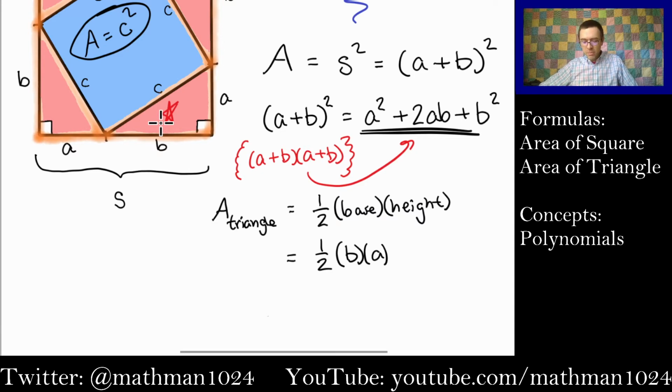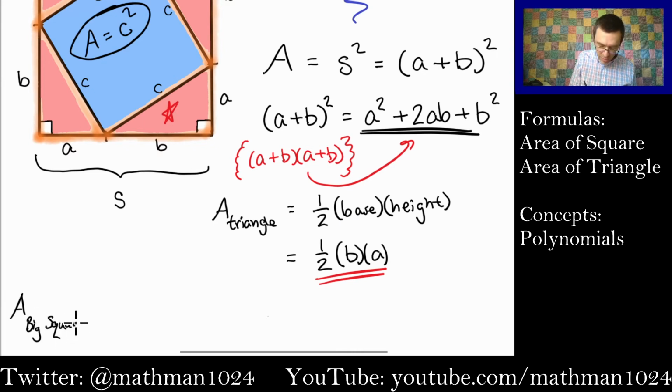We've got 4, right? So let's put this guy right here with the big area, and let's see how this works out. So for the area of the blue square, it's going to be the area of the big square minus 4 times the area of each of those triangles that we have.